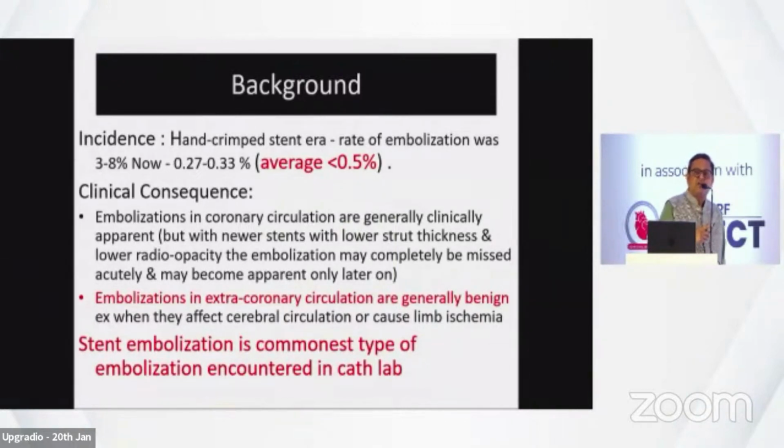Even if you don't see thrombus formation and you think it is okay, you cannot leave embolized material in the coronary territory, especially the proximal part. If it is very distal, maybe you can get away with it, but more or less, if something has embolized in the coronary territory, you need to fix it. And we will discuss how we will fix it.